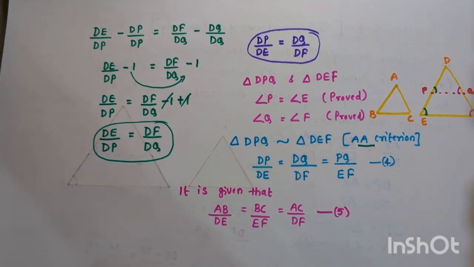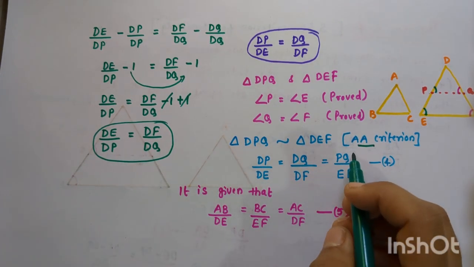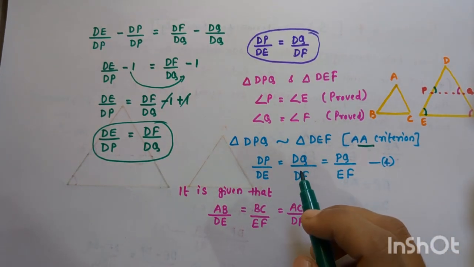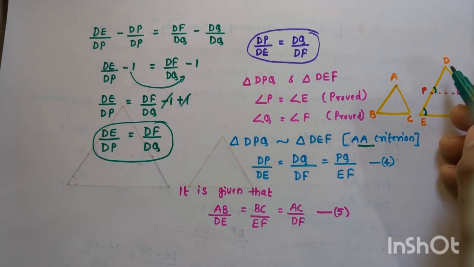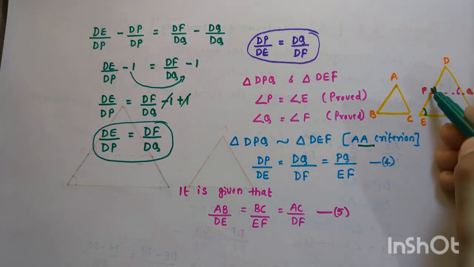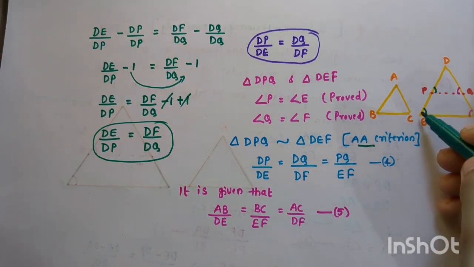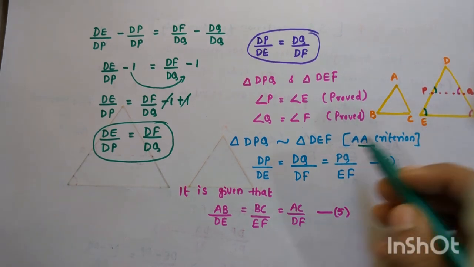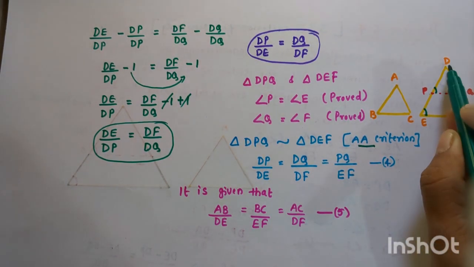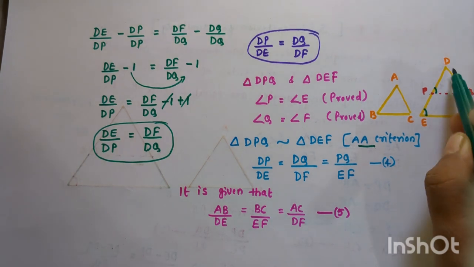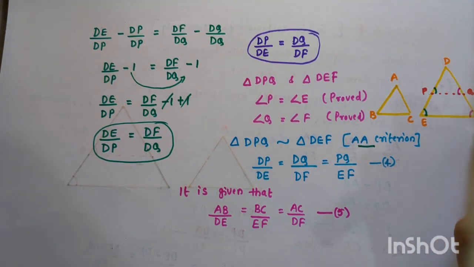Now we know that if two triangles are similar, then their corresponding sides will be proportional, that is, in the same ratio. Corresponding sides means, for this triangle DPQ, corresponding to this side DP, for the big triangle we have the side DE. So DP by DE is equal to DQ of the small triangle, corresponding to which for the big triangle we have the side DF.